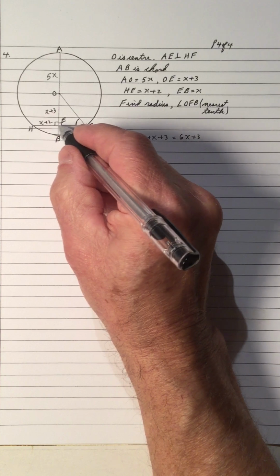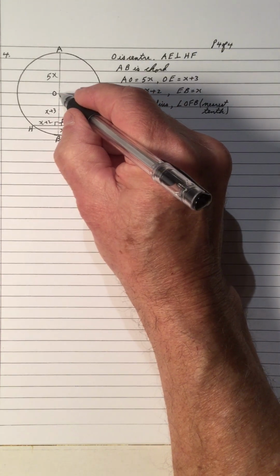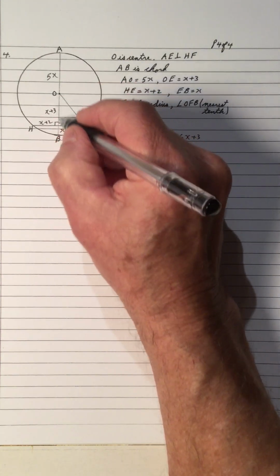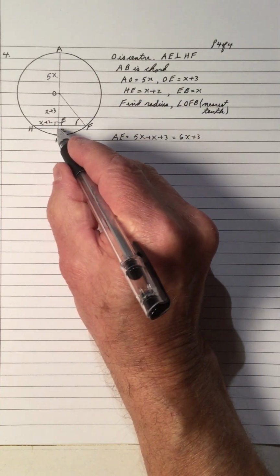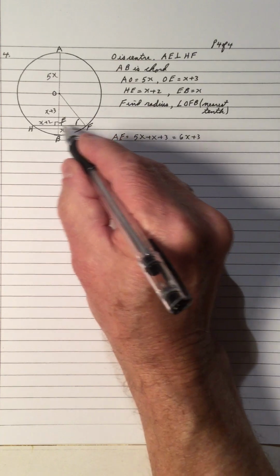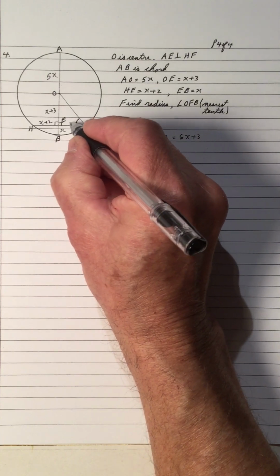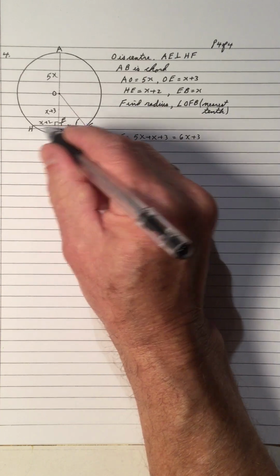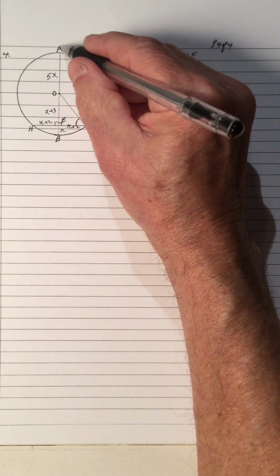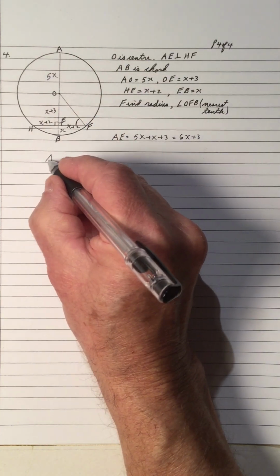And we have a right angle perpendicular line, so if a line is drawn from the center of the circle perpendicular to a chord, then it bisects the chord. So that means that HE is equal to FE. So that means that FE is x plus 2. It bisects the chord.